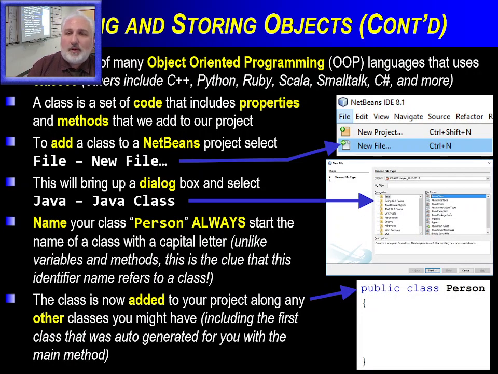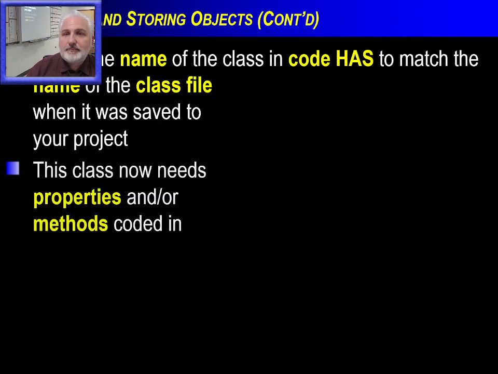Many object-oriented programming languages exist, okay? C++, Python, Ruby, Smalltalk, C#, those all have object orientation and the concept of classes in mind. So that includes properties and methods. You have most likely done this with me through an IDE like NetBeans, which you can see here where I was setting this up, right?